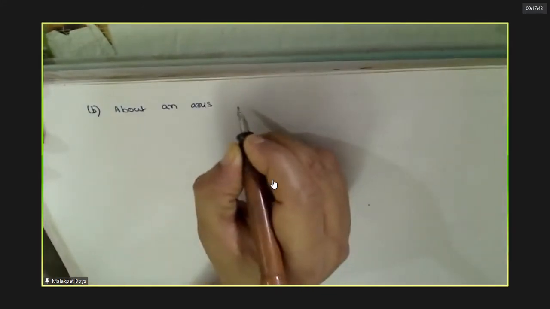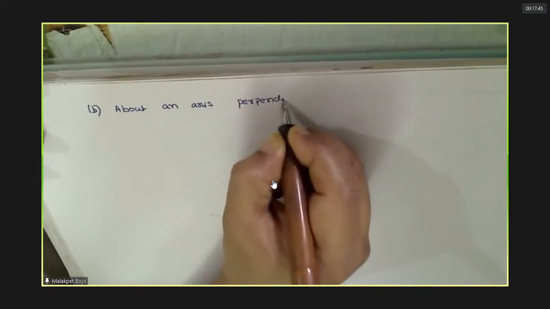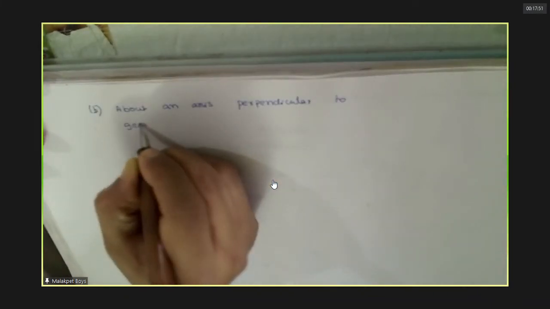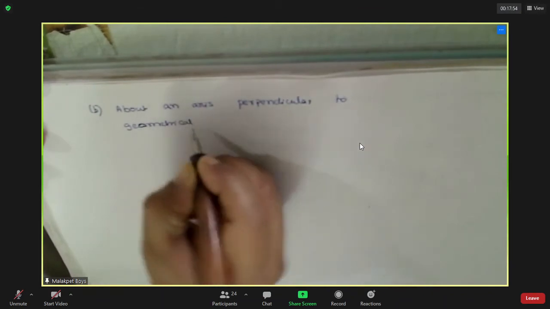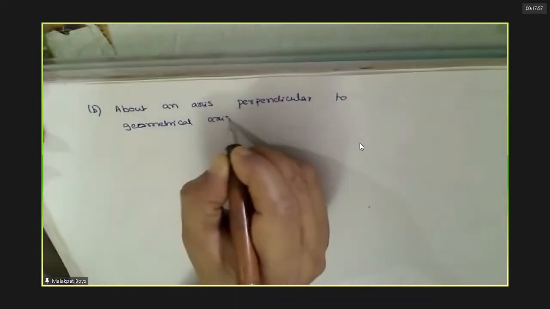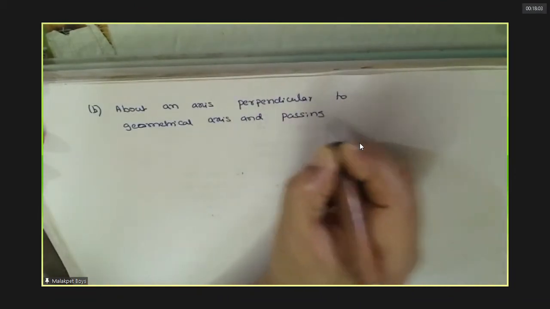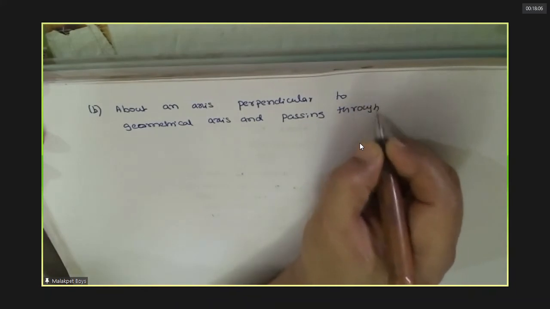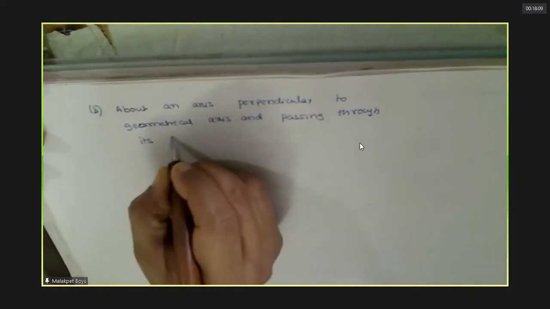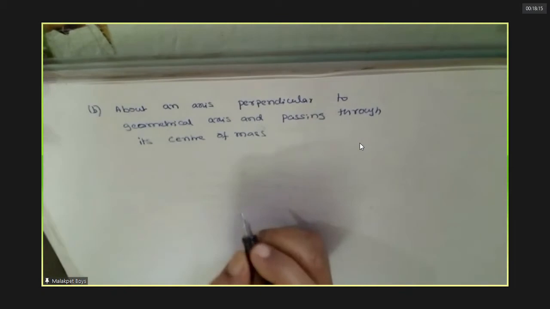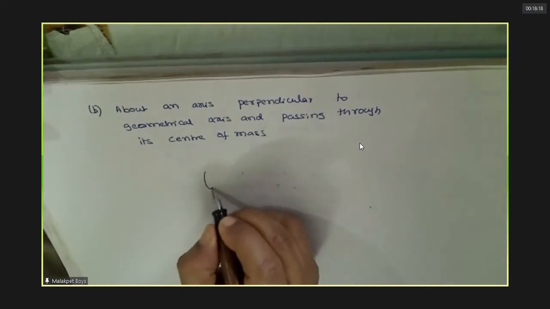Yes, sir. About an axis perpendicular to the geometrical axis. See, what he says is this is the cylinder.